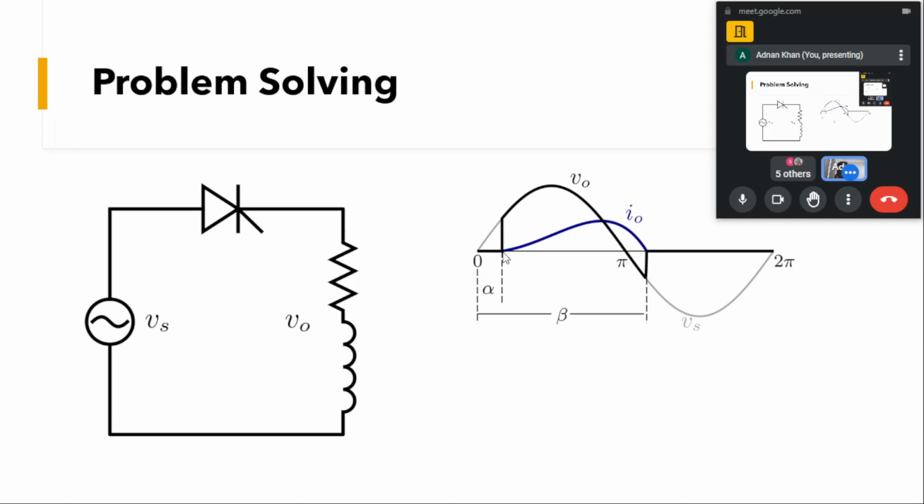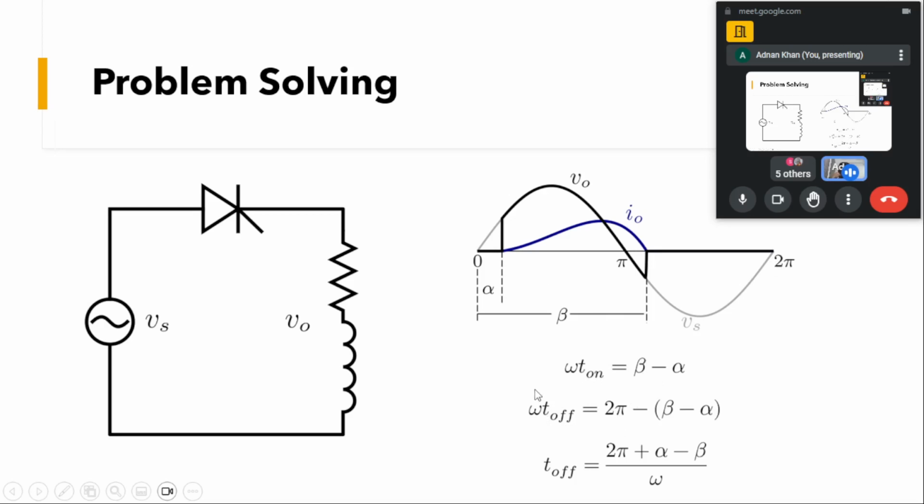From alpha to beta it's only conducting. So our device is turned on only for the beta minus alpha period. Now the whole period is from 0 to 2 pi.